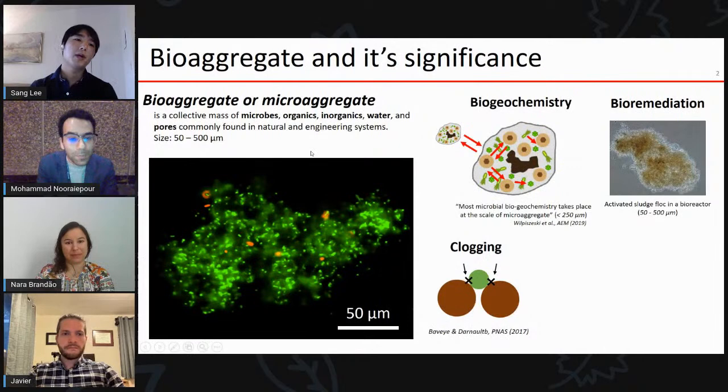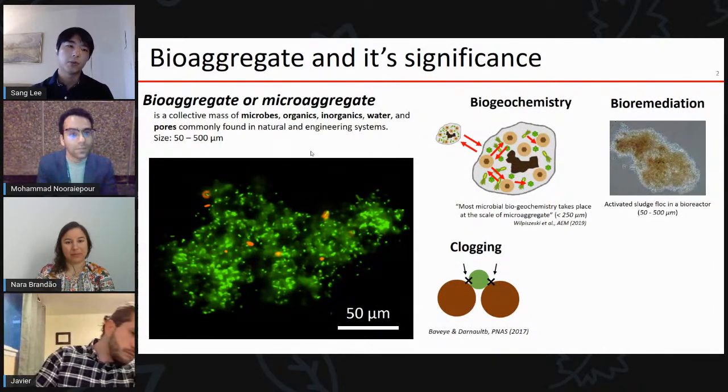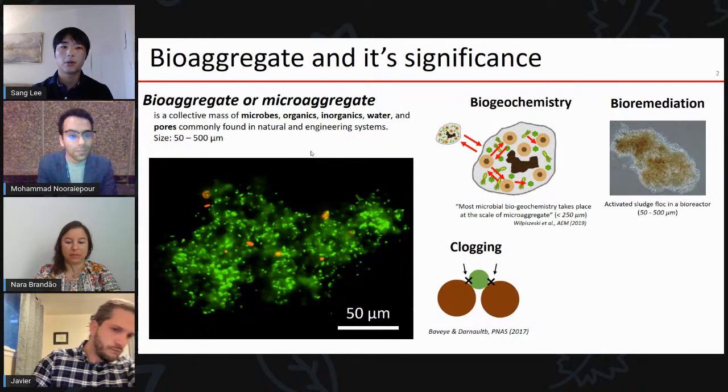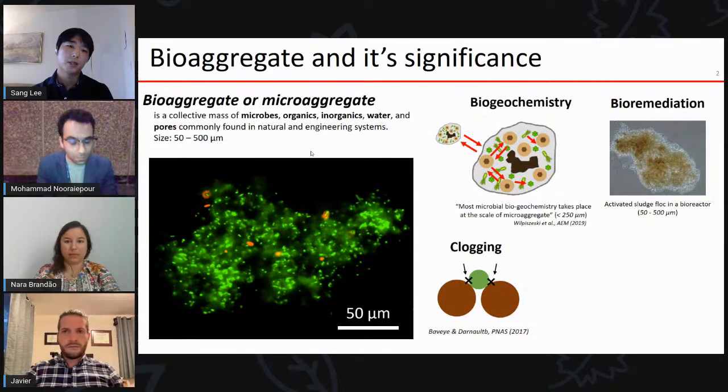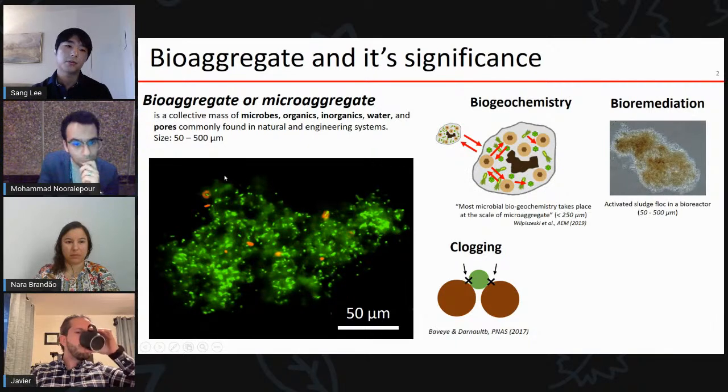So let me begin by explaining what bioaggregate is and why it is important. Bioaggregate is a collective mass of microbes, organics, and inorganics, and it is commonly found in many natural and engineering systems. This fluorescence image is an example of multi-species bioaggregate generated in our lab.